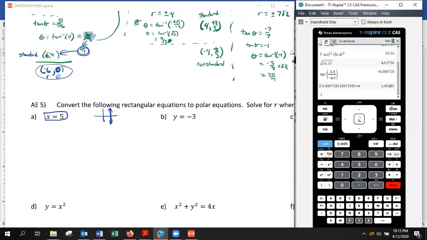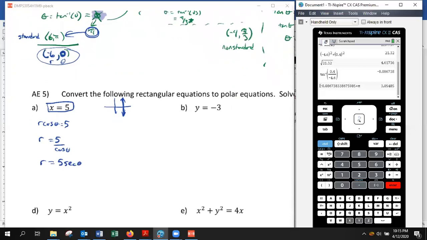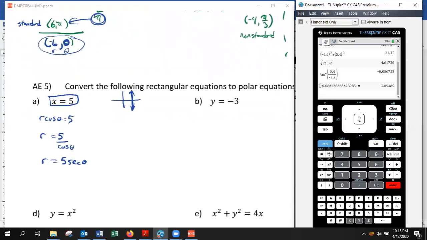Well, I know that x equals r cosine theta, so r cosine theta equals 5. Solving for r, it ends up being 5 divided by cosine of theta, or r equals 5 secant theta. So this line x equals 5, I could actually write as r equals 5 secant theta.